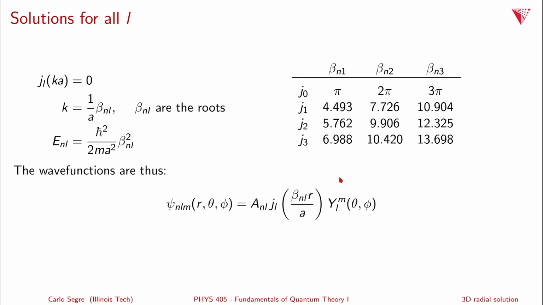So the wave functions then we can write are psi of NLM of variables r, theta, and phi equal to a sub NL times the spherical Bessel function of order L of beta sub NL r over a times the spherical harmonic Y sub Lm of theta and phi, and the betas are the ones given up here.